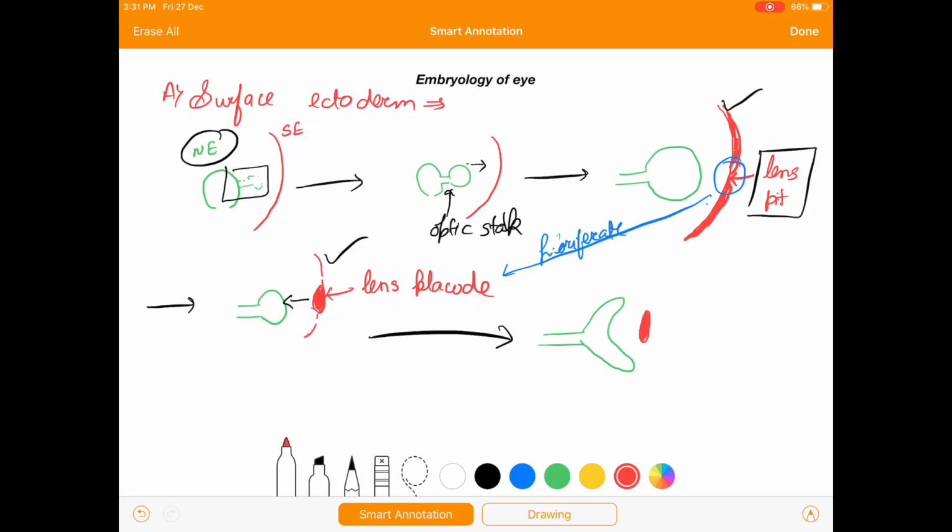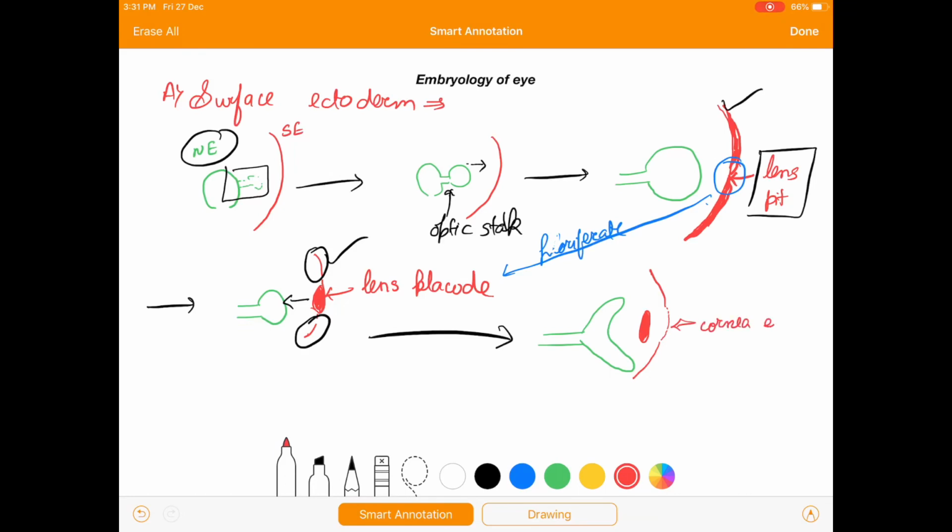Now the remaining surface ectoderm gives rise to the corneal epithelium and the conjunctival epithelium. Okay, so what do we have?